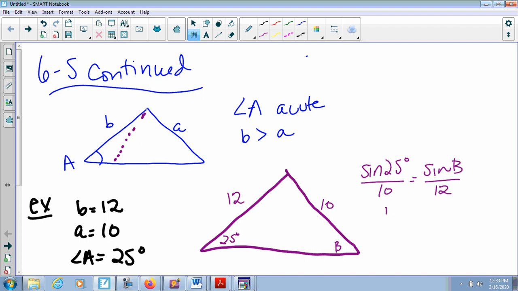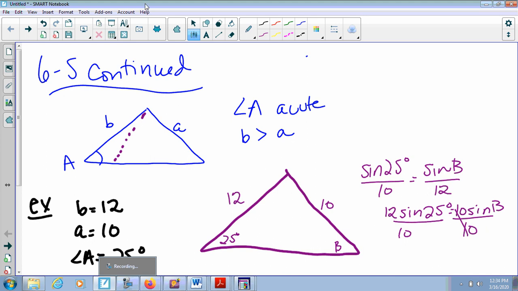Remember this from the other day. So 12 sine of 25 degrees is equal to 10 sine B. So we'll divide by 10. I'm going to type this into the calculator right now. I should have done it beforehand, but bygones. Oh well. 12 sine of 25 divided by 10 is 0.507, yada yada yada.